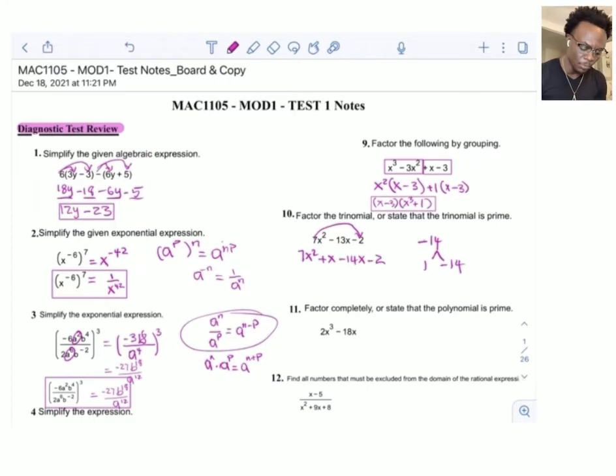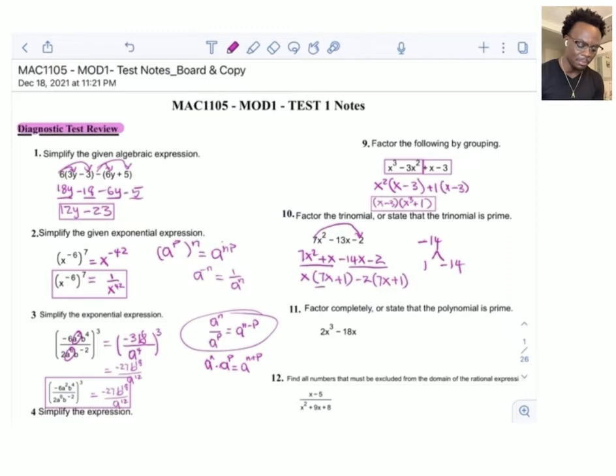Now we can group just like we did earlier, first group, second group. GCF of the first group is x. When I pull x out, it gives me 7x plus 1. GCF of the second group is negative 2. When I pull negative 2 out, it's going to be positive 7x plus 1.